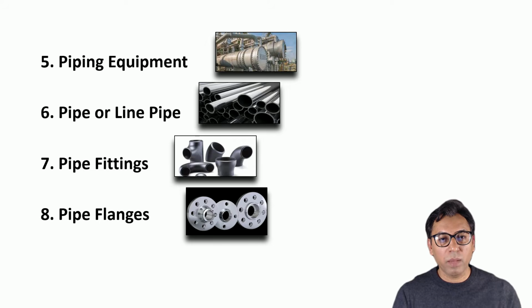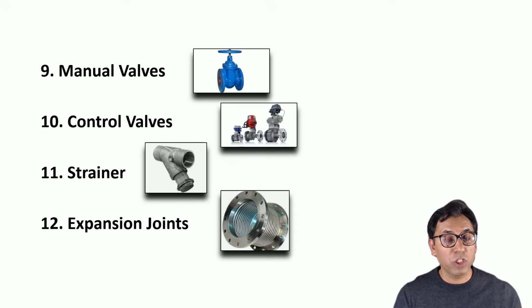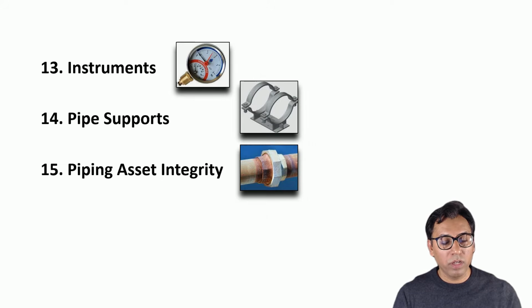This practical example will show how to use manual valves, control valves, strainers, and expansion joints. I will also explain about instruments, pipe supports, and piping asset integrity. So you can see there are 15 contents in this course.